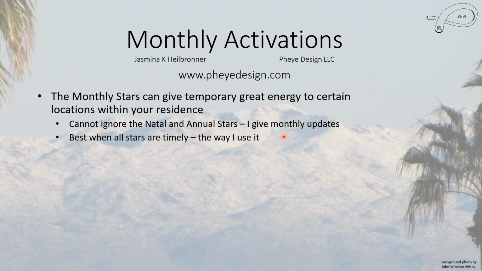Now, I don't use the monthly updates the way I'm telling you because I'm basically lazy. What I do is I only use the monthly stars in places of the house where I already have timely natal stars. And I also worry about the annual stars too. But when those are good, I'm happy.